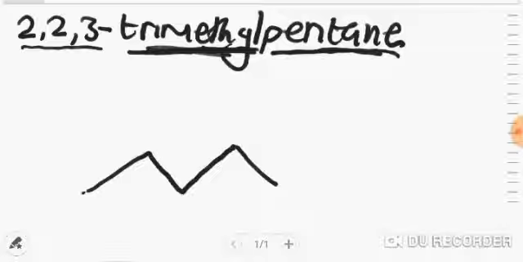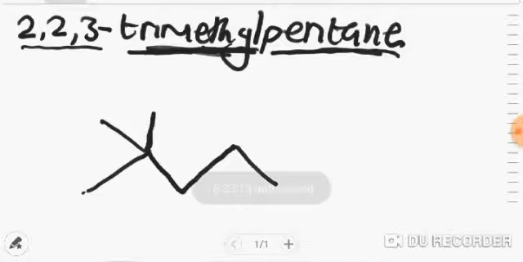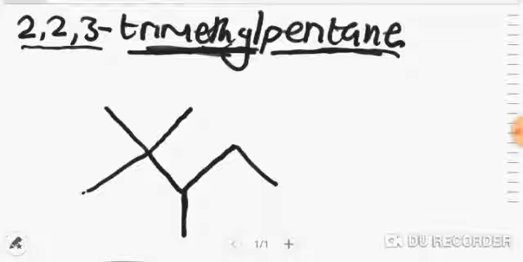On position number 2, we have a methyl and another methyl. All right, let me draw this nicely. Sorry about that. So on position number 2, we have 2 methyl groups, right? And then on position number 3, we have another methyl. So this is our structure.